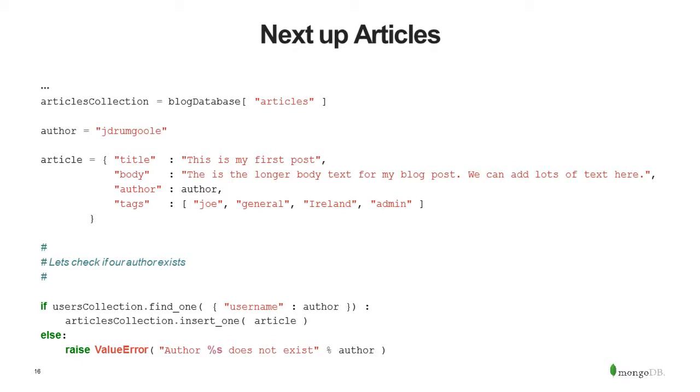So this is a validation check that essentially says when I insert an article, the author name that I insert in there must already exist in the database. So this stops us creating articles which we don't have authors for. And this is one of the ways in which we do that kind of foreign key constraint. We just put it in the code.